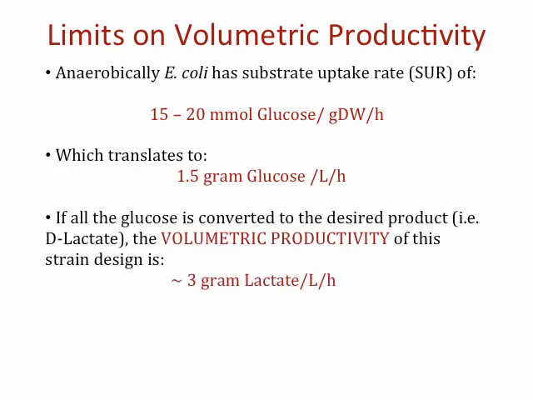This slide here gives us an important number, and a number that those of you who go into industrial biotechnology need to be aware of. And that is the volumetric productivity of fermentations in fermenters. The numbers that one needs to achieve in terms of productivity to have an economical process is typically 3 to 5 grams of product like lactate per liter per hour.